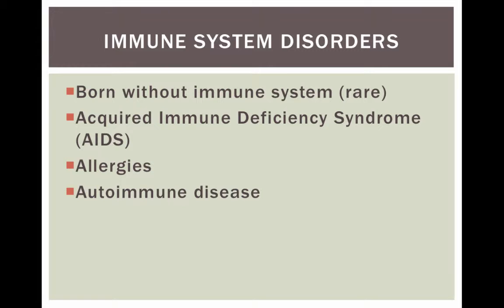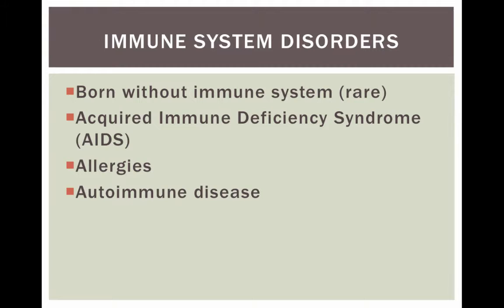This is an extremely rare condition where a child's immune system will not develop, which essentially means that when viruses, bacteria, foreign invaders come into the body, there is no immune system to attack it, right? Our child is vulnerable to all of these diseases. Unfortunately, in these individuals, any virus or bacteria can be fatal.